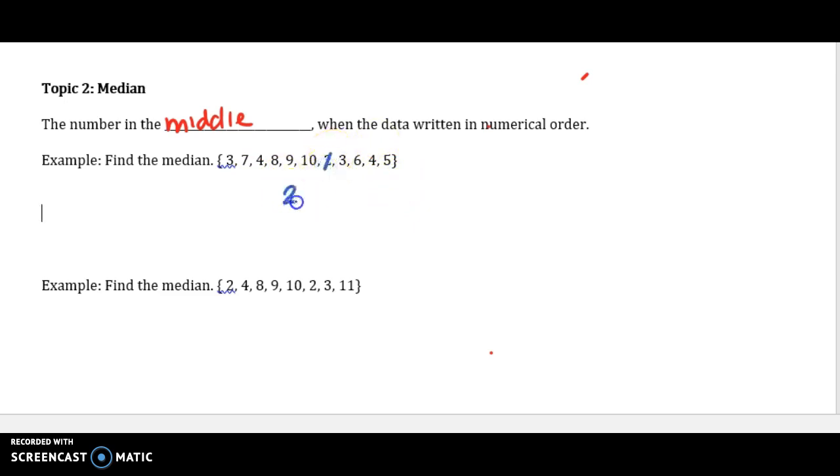A lot of times I like to cross them off as I write them down to make sure I haven't forgotten anything. Then 3, then 3, then a 4, then another 4, then a 5, then an 8, then a 9, and lastly, oops, I forgot that 7. See, this is why writing them down is helpful.